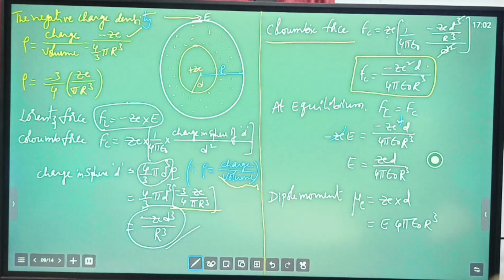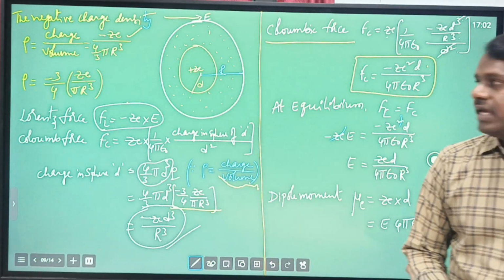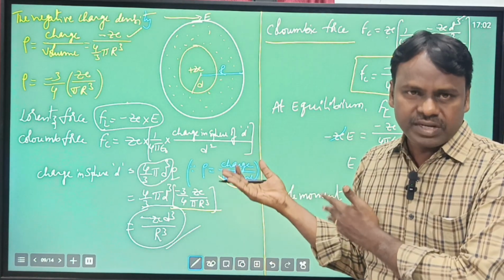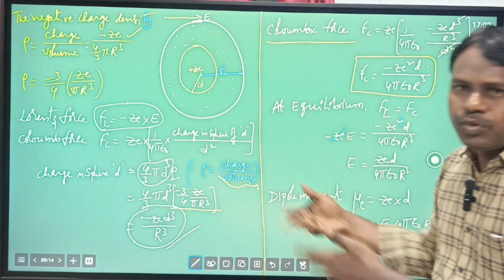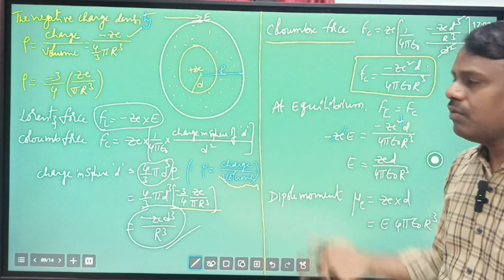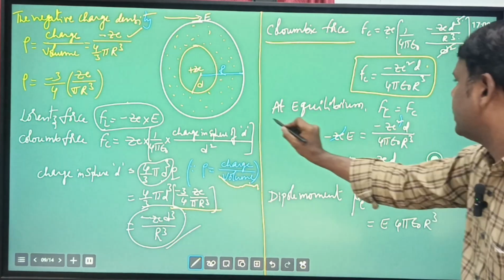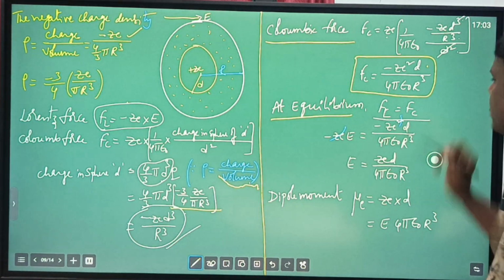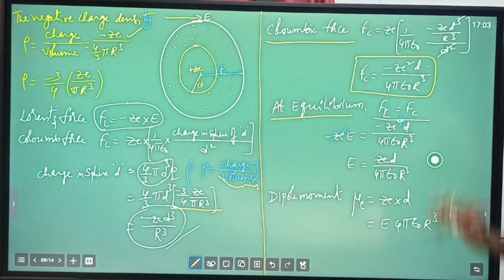After we apply some electric field intensity E, there is some deformation, and later the equilibrium position may change, but anyhow some equilibrium position comes into existence. At equilibrium, the Lorentz force is equal to the Coulombic force, Fl equals Fc.